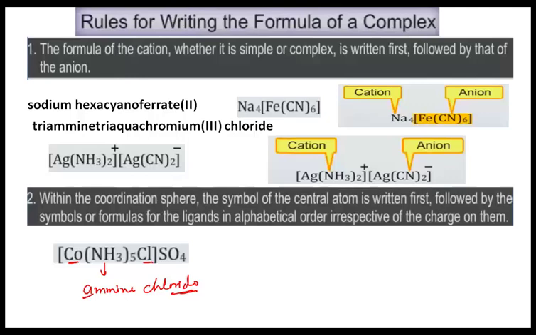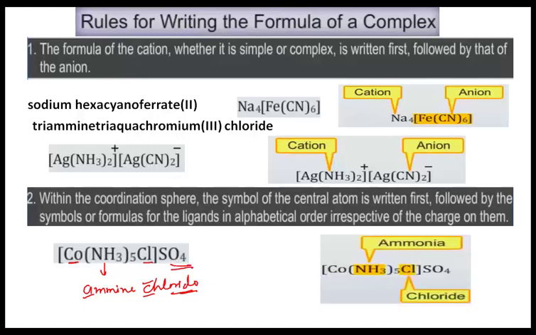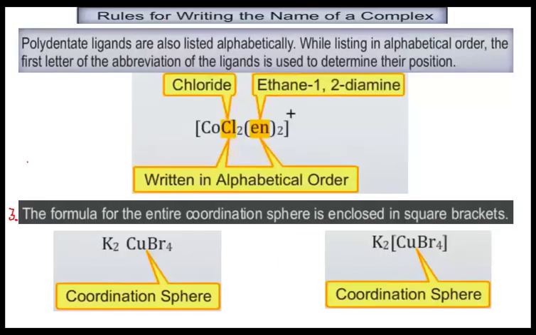So ammine comes first, as A comes first, then C. So we'll write first ammine, however many times, and then the square bracket is closed, and finally the counter ion is written.